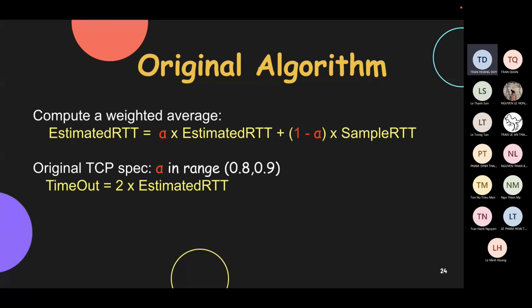Next is the formula for how to compute a weighted average: EstimatedRTT = alpha * EstimatedRTT + (1 - alpha) * SampleRTT. In the original TCP spec, alpha is in the range from 0.8 to 0.9. The timer will be equal to 2 * EstimatedRTT.